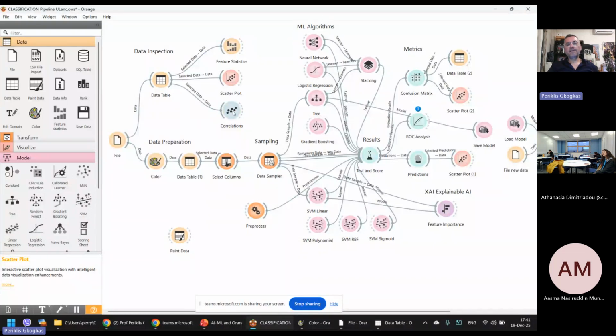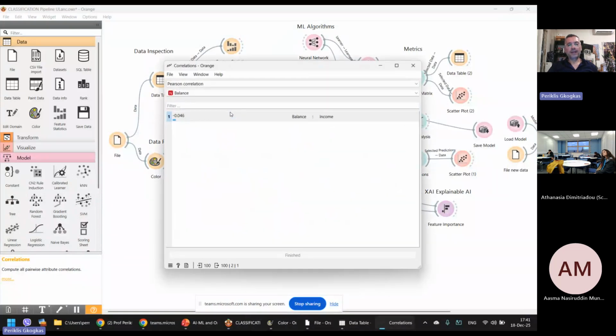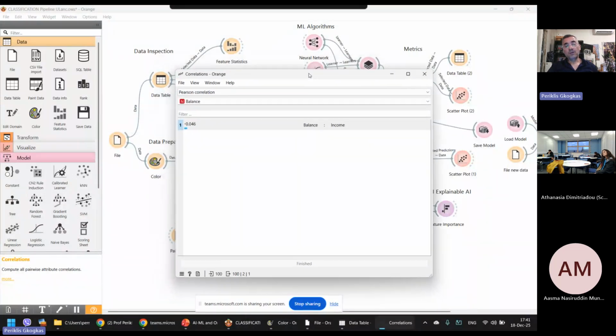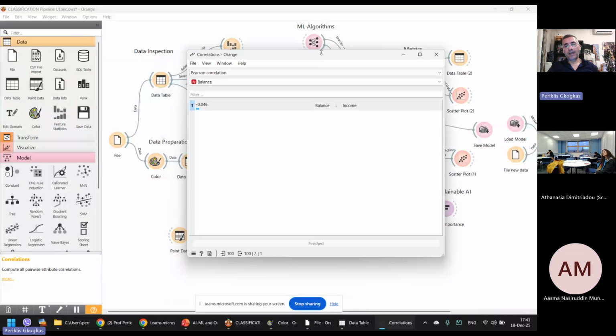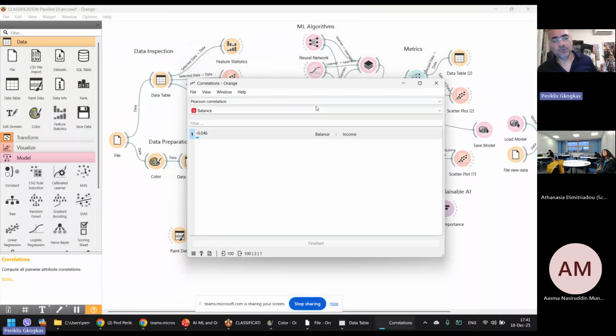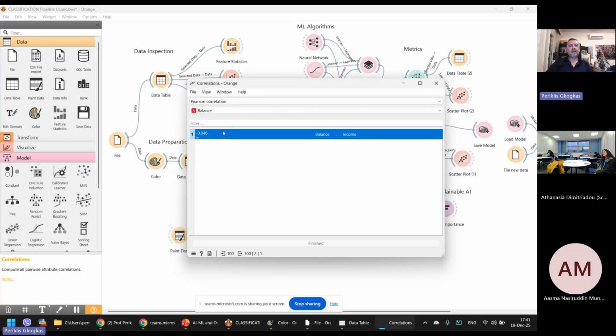And finally, in this first exploration of our data set, we have the correlations. Of course, correlations are defined only for numerical variables. In this case, we have only two numerical variables, balance and income, and we see that their correlation is minus 0.046. So they have a low correlation.